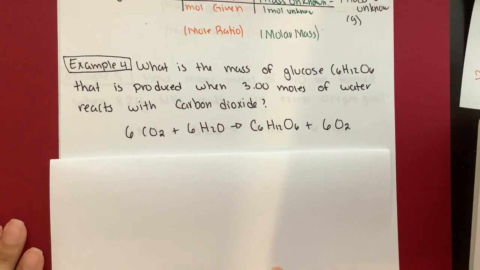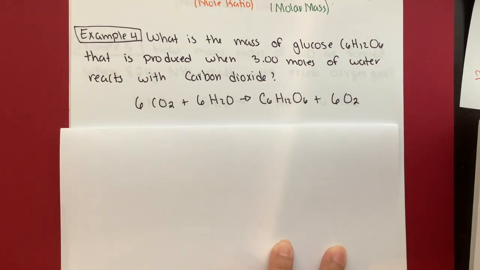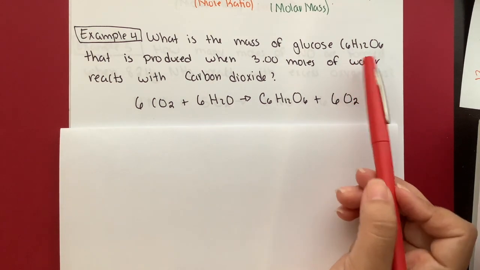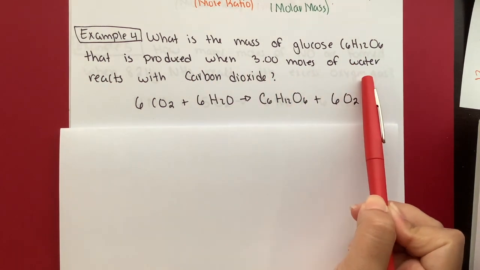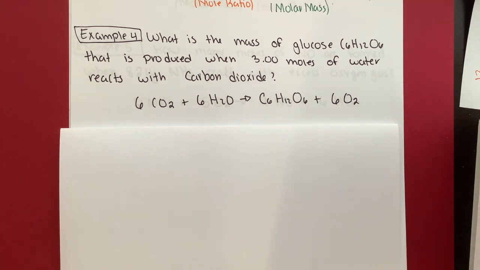So down here, example 4, we have, what is the mass of glucose that is produced when 3 moles of water reacts with carbon dioxide? Okay, so again, the first thing I'm going to do is highlight, circle what's given to me in the problem.